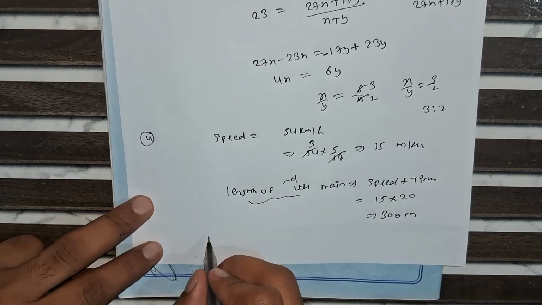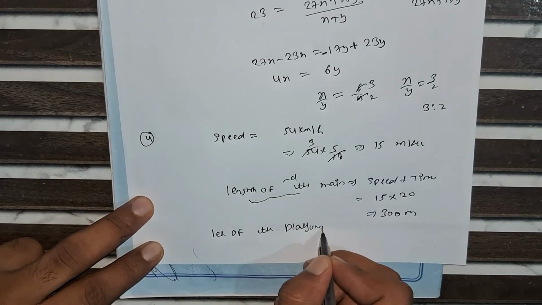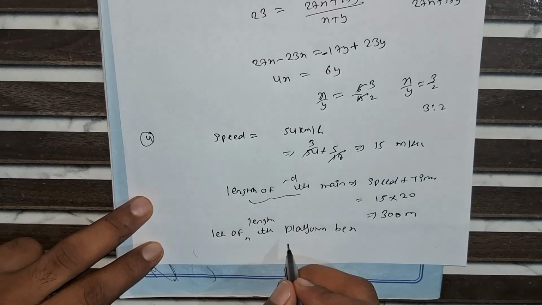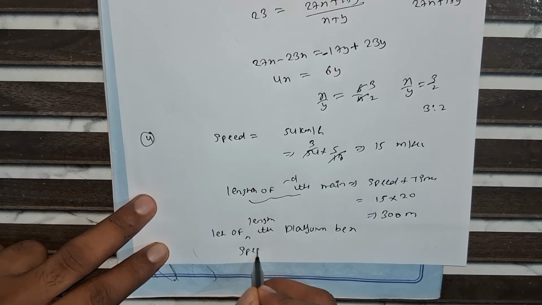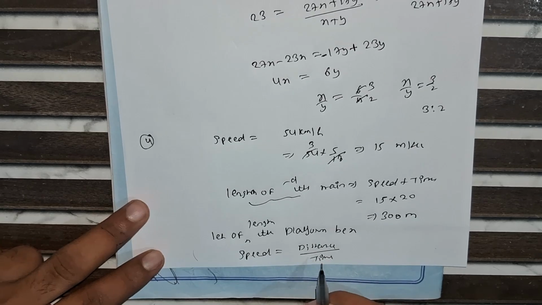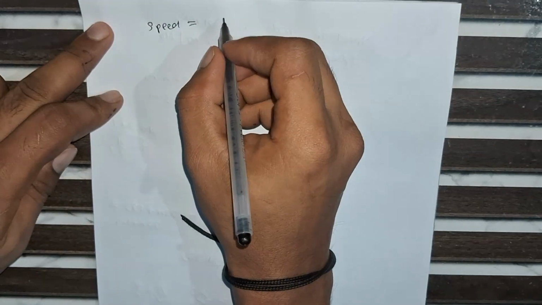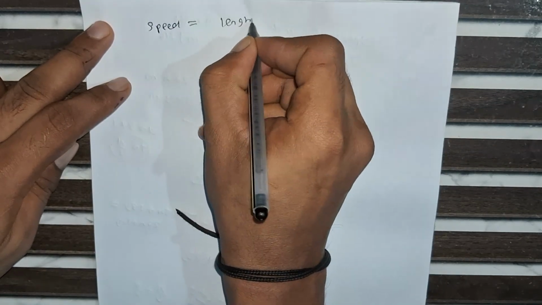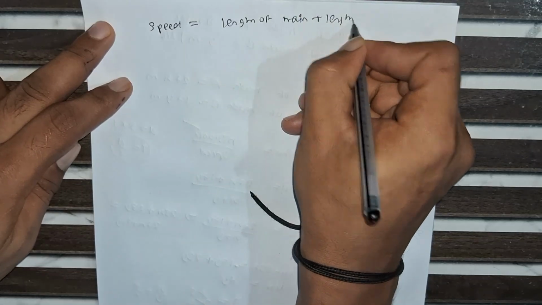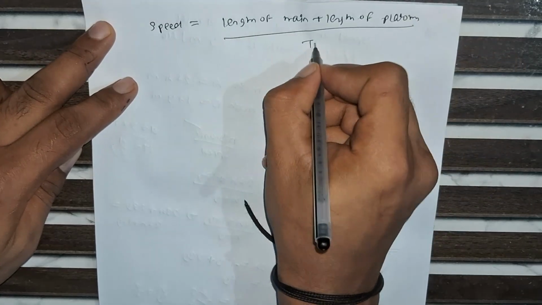Here we consider that the length of the platform be x. We use the formula speed equals distance by time. So speed equals length of train plus length of the platform divided by time.